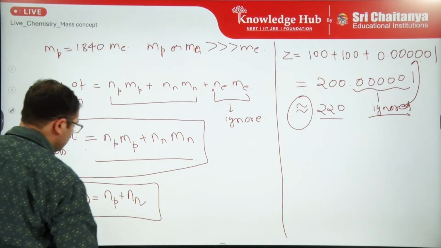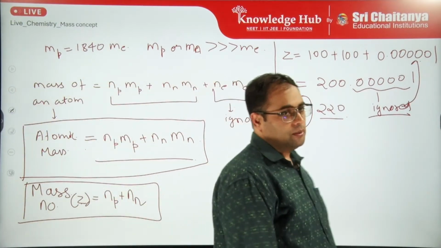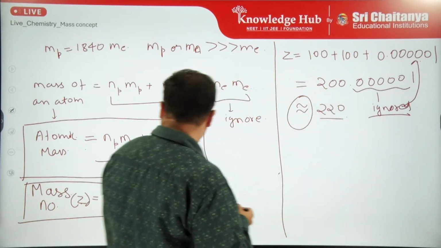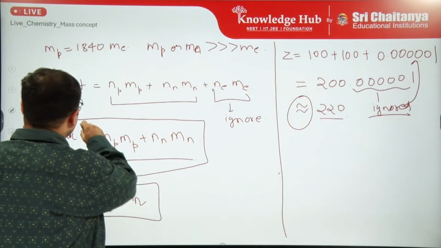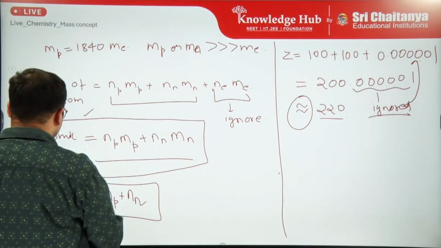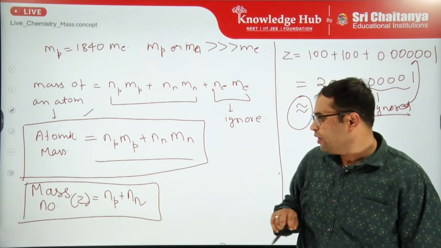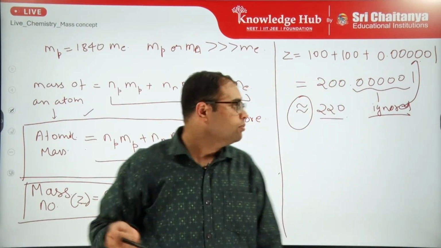Is everyone clear about this? So we have defined atomic mass, we ignored electrons mass, and we defined the mass number. Number of protons plus number of neutrons is your mass number.